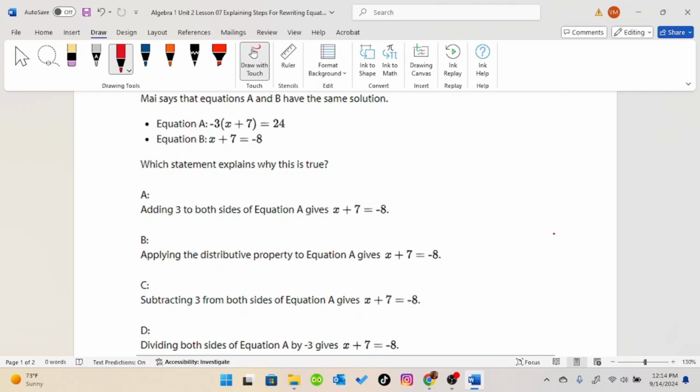So let's look at choice A. Choice A says adding 3 to both sides of equation A gives us x plus 7 equals negative 8.